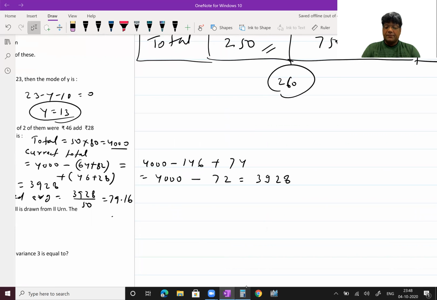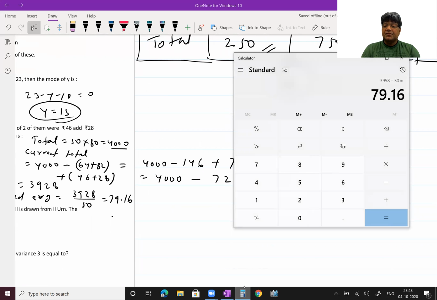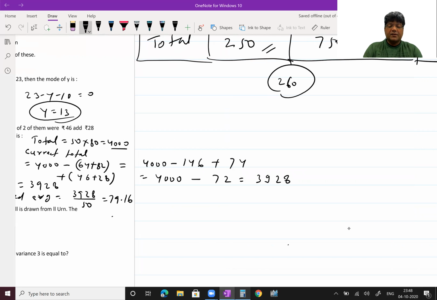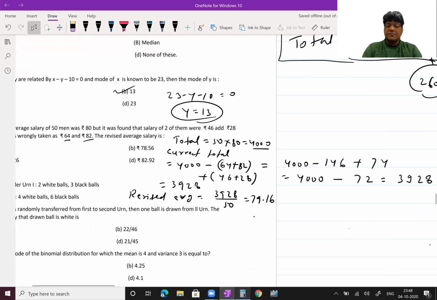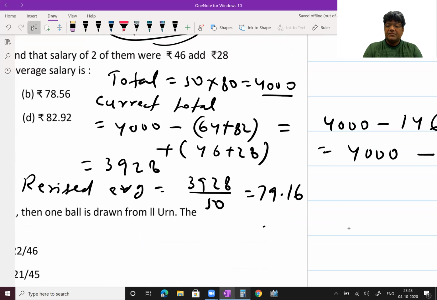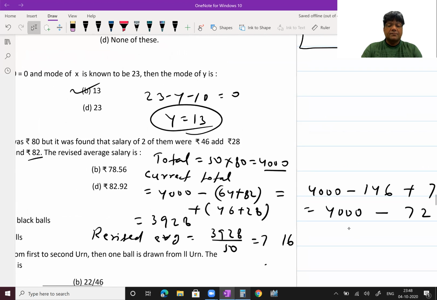It's correct only. So 3928 by 50. 3928 divided by 50 is 78.56. Oh, 78.56. Yes, matching.